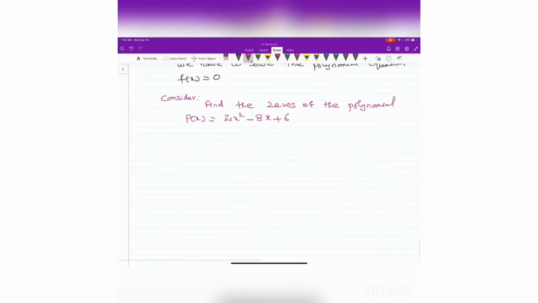Very simple example I have taken for you. First you have to factorize this quadratic polynomial. Already you learnt in your previous classes how to split the middle term and then factorize.